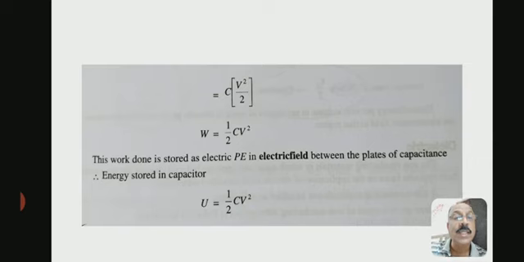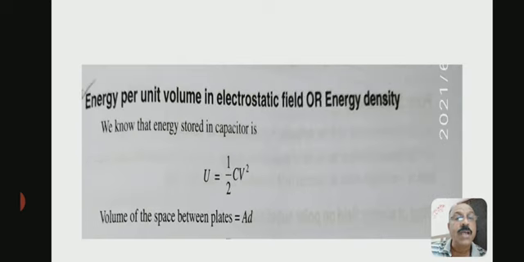This work done is stored as electric potential energy in the electric field between the plates of the capacitor. Therefore the energy stored in a capacitor is given by U equal to 1 by 2 CV square.